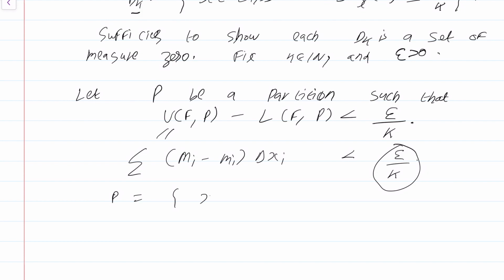Let's say P is x0, x1, ..., xn. There cannot be too many intervals [xi, xi+1] such that the terms capital Mi minus small mi are too large, because we have controlled it by saying that the net sum is less than epsilon by k.